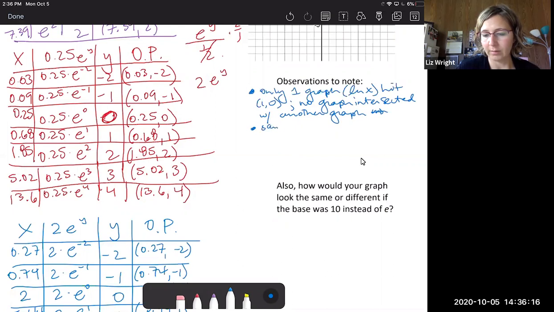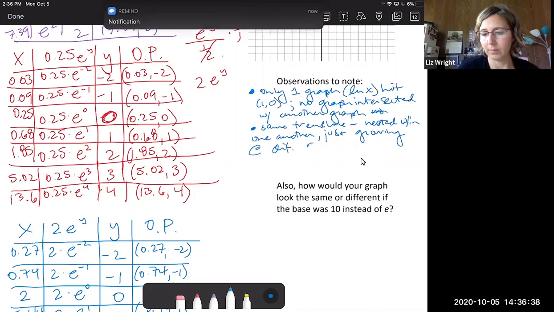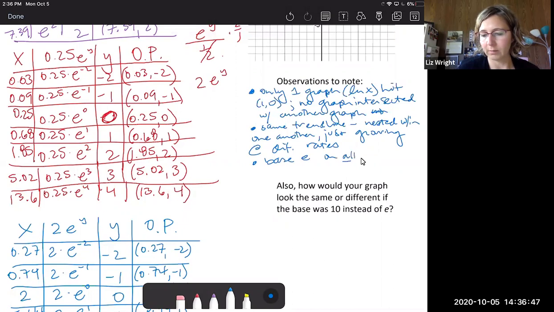Same trend line. Nested within one another. Just growing at different rates. Base e on all graphs. So again, that is just to contrast with the other logarithmic curves that we graphed where the base was different.